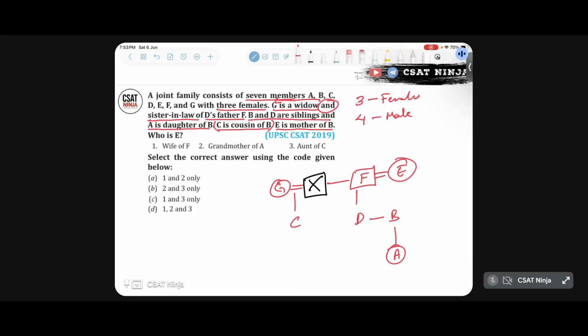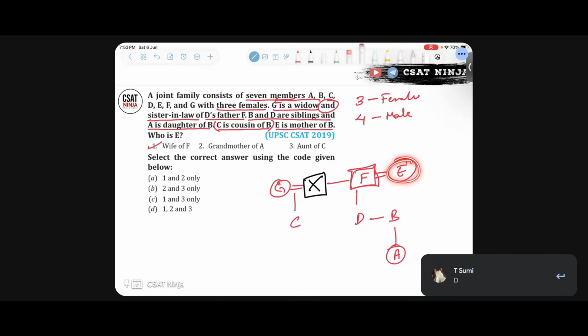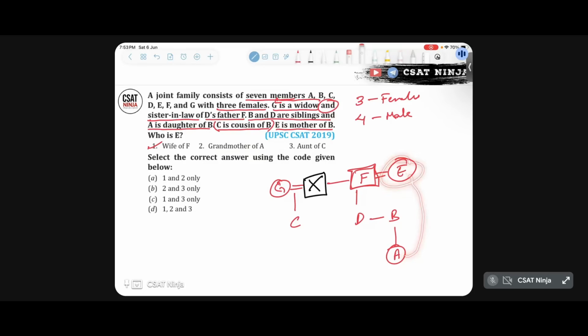Here the statements are, E is the wife of F. That means this is correct. Statement number 1 is correct because F is the husband here and the wife is E there. That means that statement is correct. Next one, grandmother of A. That means A's grandmother is E. Yes, that is correct as well.